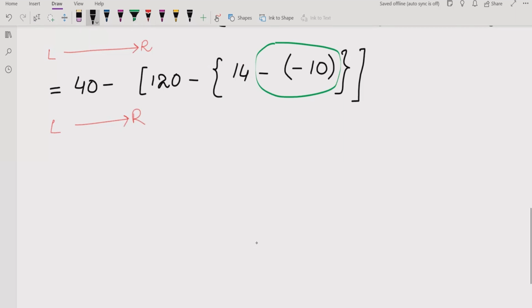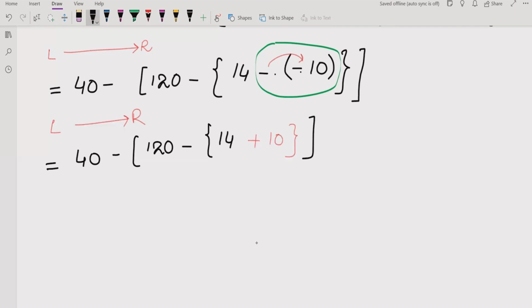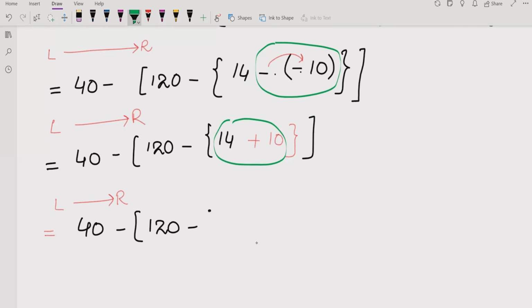Now we see 40 minus 20 minus curly bracket 14 minus minus 10, and this becomes plus, so 14 plus 10 is 24. Again we write the square bracket here.